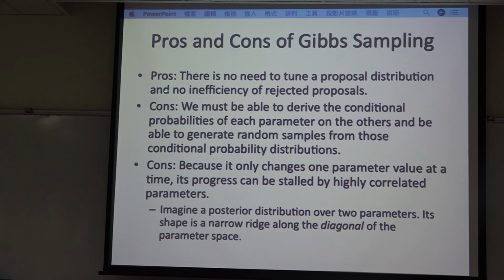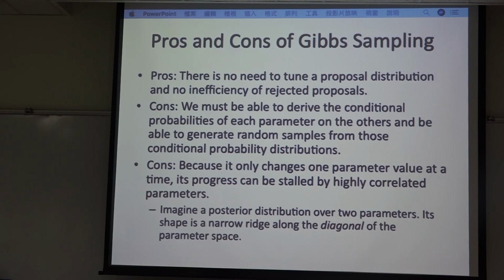But the disadvantage is that we must be able to derive the conditional probabilities of each parameter on the others and be able to generate random samples from those conditional probability distributions. So this may not be easy.